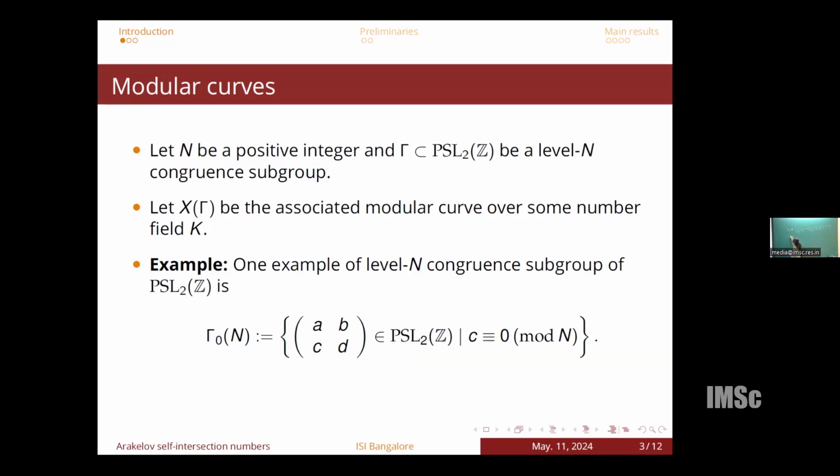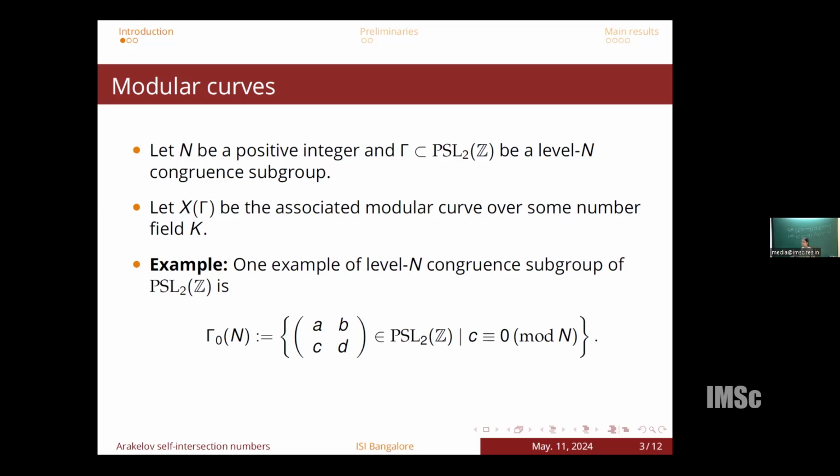One more example is Γ(n): the matrices (a b; c d) in PSL2(Z) such that this matrix is congruent to the identity matrix (1 0; 0 1) mod n. This one is called the principal congruence subgroup.